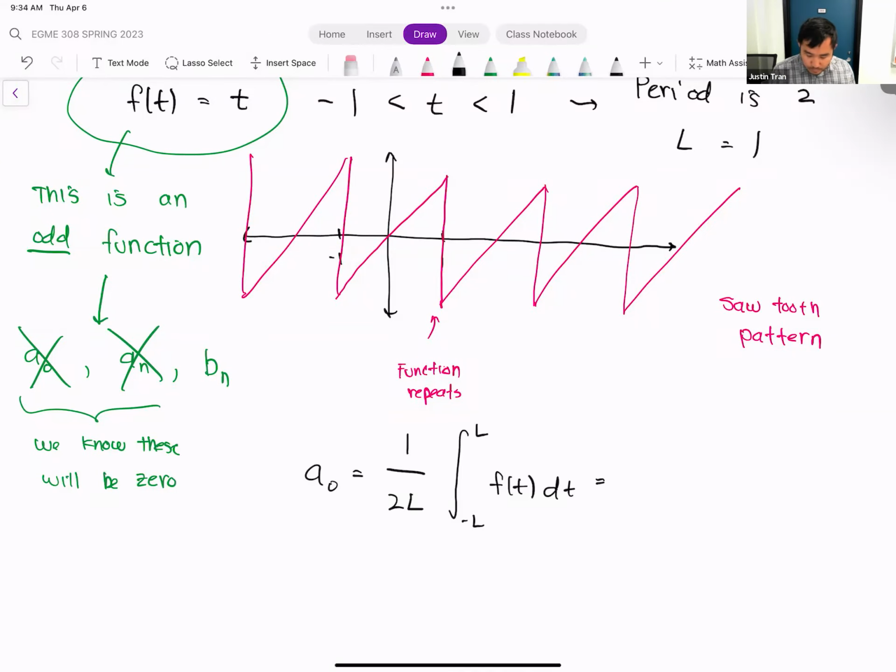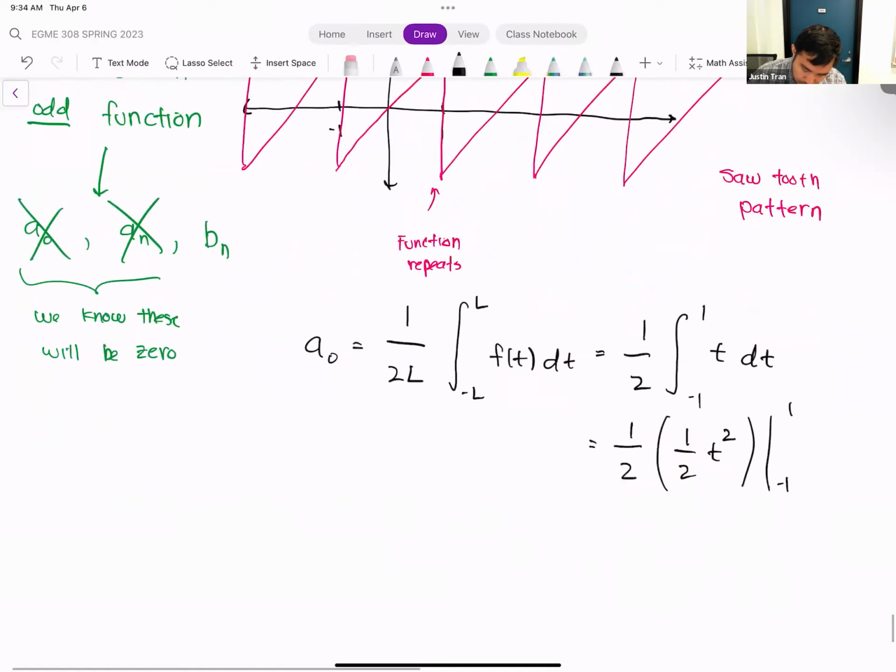Let's go ahead and plug in for this. And so we have L is equal to 1. So we have 1/2 integral from -1 to 1. Our f of t here is just t, so it's going to be t dt. Right. So we have a 1/2 out in front. Then the integral of t is just going to be 1/2 t squared, evaluated from -1 to 1.